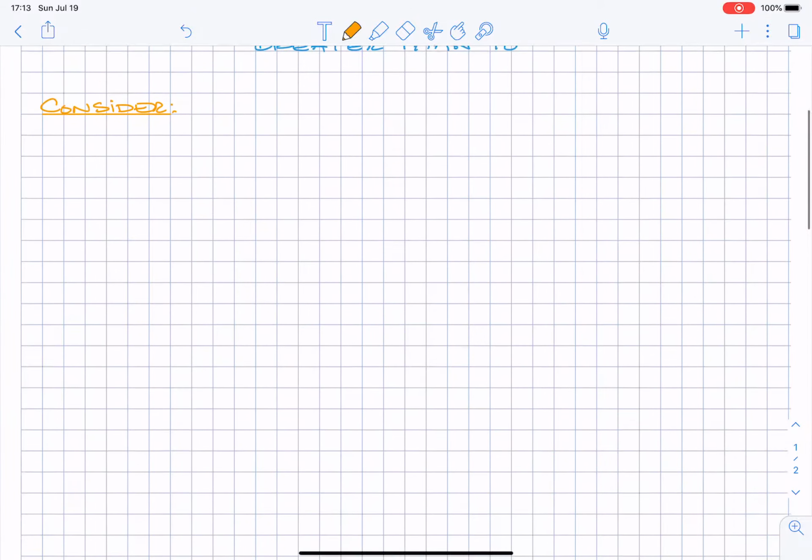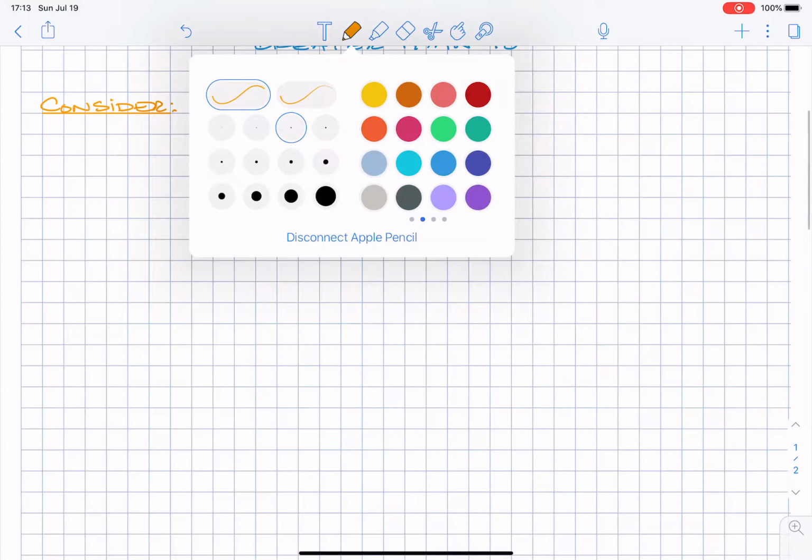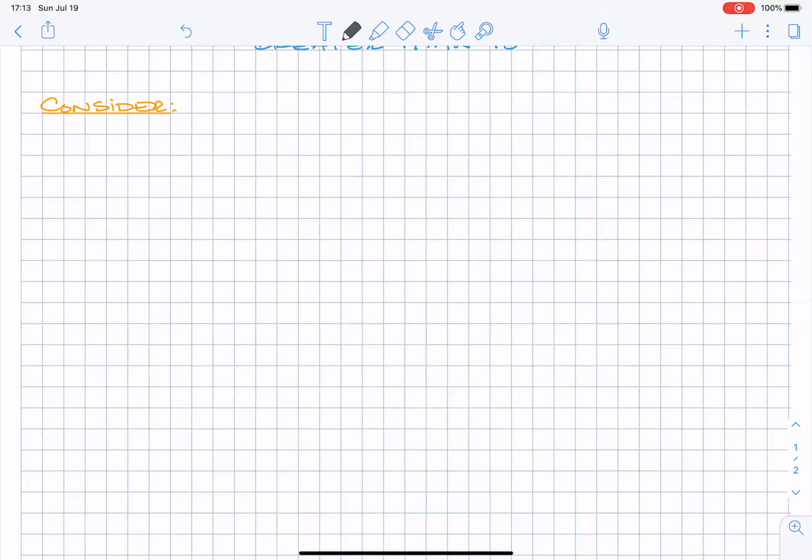Okay, so let's consider, let's say we have an equilateral triangle. So equal or equi. Let's see if I can make a perfect triangle here. I think that almost looks like an equilateral triangle.